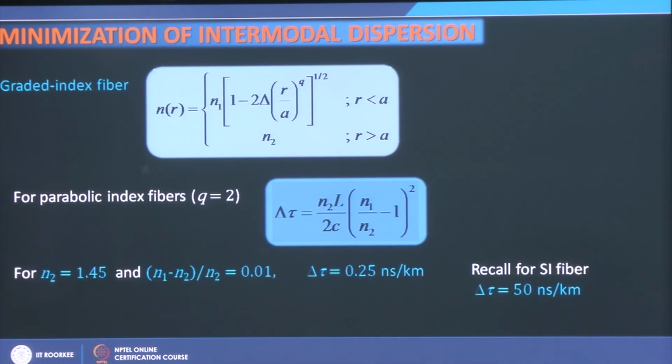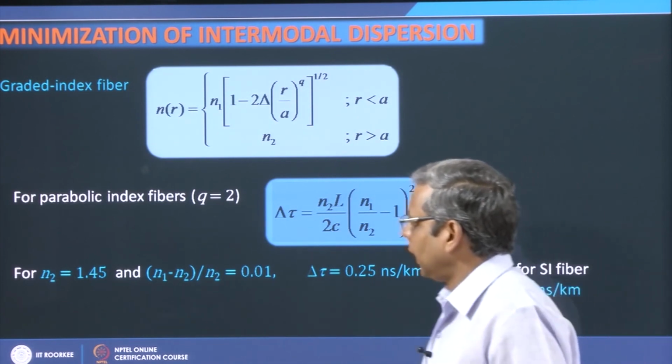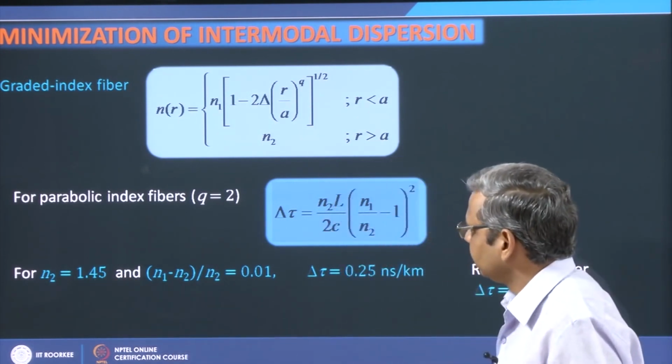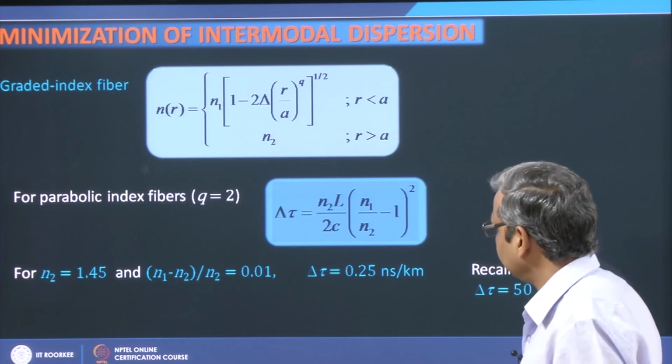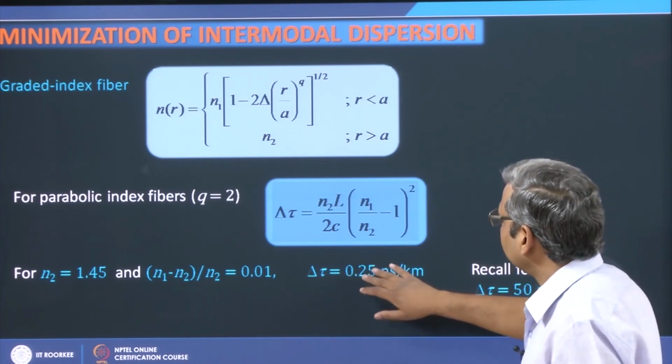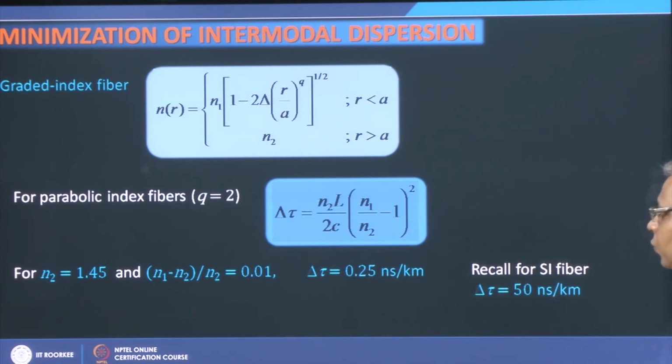Now, if I take a fiber with N2 equal to 1.45 and delta equal to 1%, then delta tau comes out to be about 0.25 nanoseconds per kilometer.